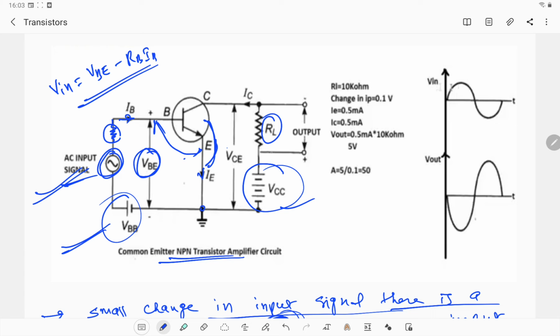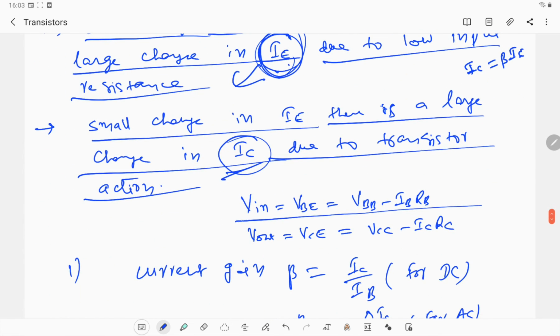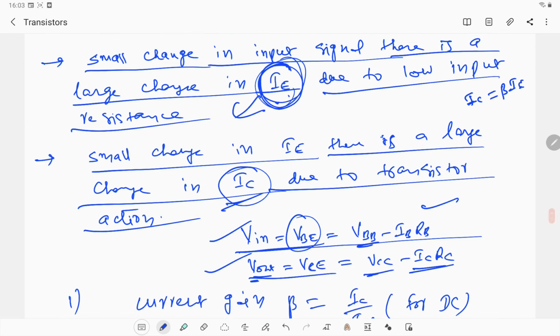And here is the output potential. Output potential is nothing but VCC minus IC RC. This output potential will be taken as VCE. Therefore, these are input potential VBE and output potential VCE. The input potential is VBB minus IB RB, and the output potential is VCC minus IC RC.